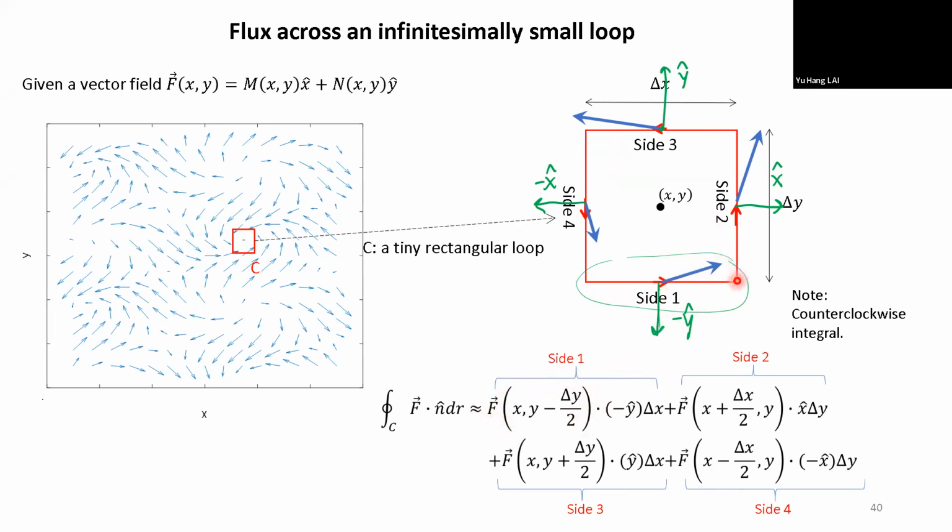Similarly, for side 2, my normal vector is this x hat. So I have it here, and of course my length here is delta y, and then my field here is given by this term here.